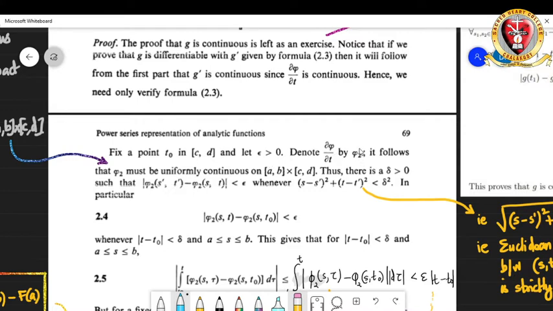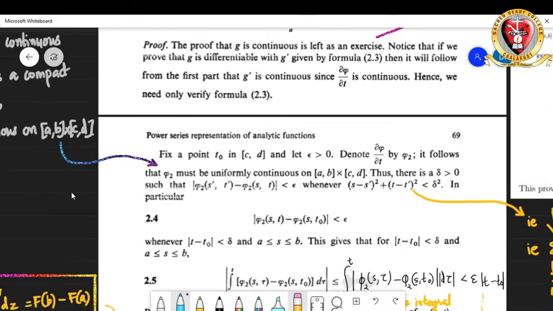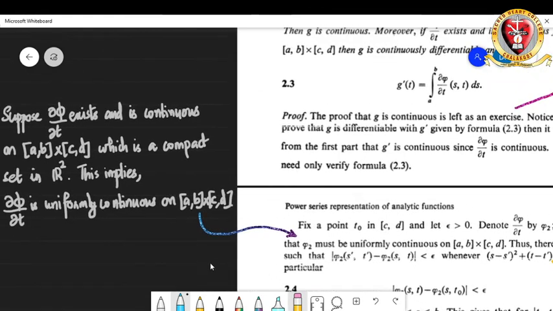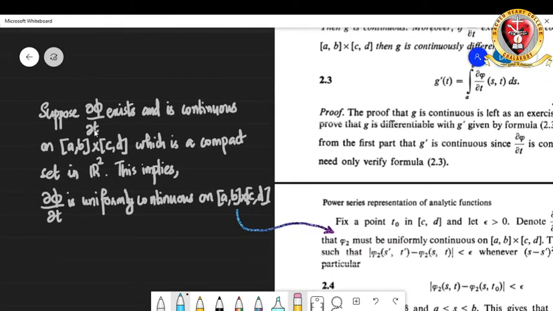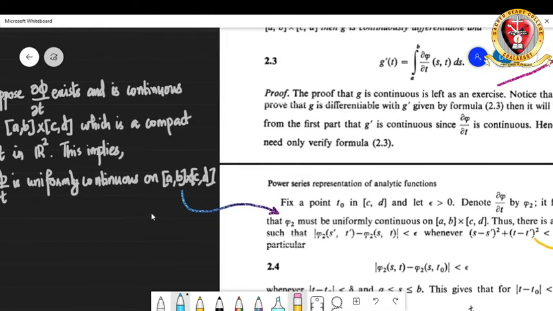Let phi 2 is equal to dou phi by dou t. It follows that phi 2 must be uniformly continuous on closed interval AB cross closed interval CD. Why? Because dou phi by dou t exists and is continuous on the set closed interval AB cross closed interval CD, which is a compact set in R2, which will imply dou phi by dou t is uniformly continuous on closed interval AB cross closed interval CD.